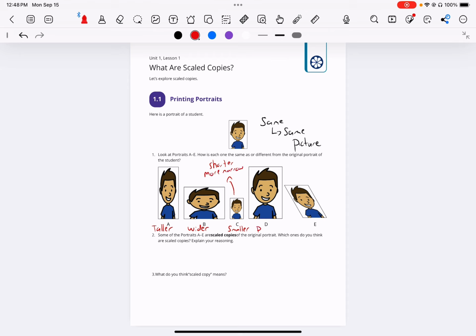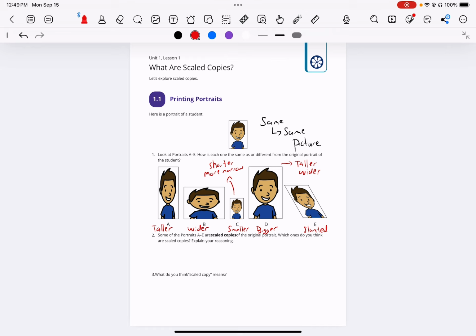D became bigger. So in this case, the image got taller and it became wider. E, the image became slanted.